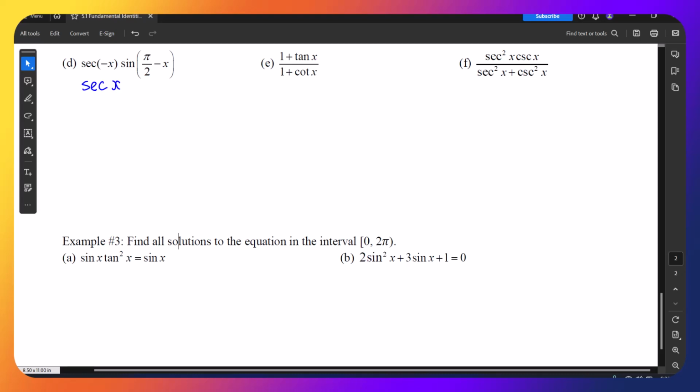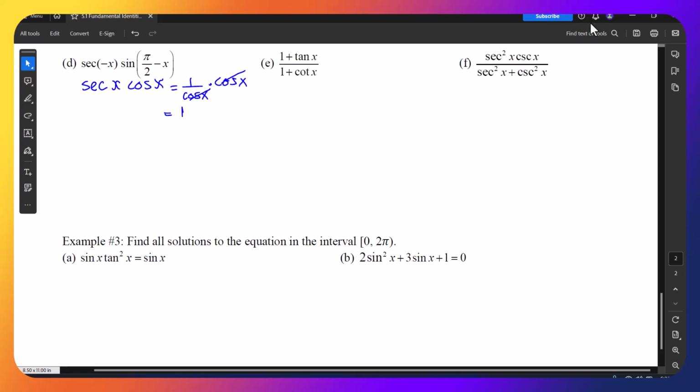So we're going to rewrite sine of the complement as cosine of x itself. Now secant is 1 over cosine times cosine of x. And hopefully you can see this simplifies very nicely. The cosines cancel each other out, and you'll get a final answer of 1.